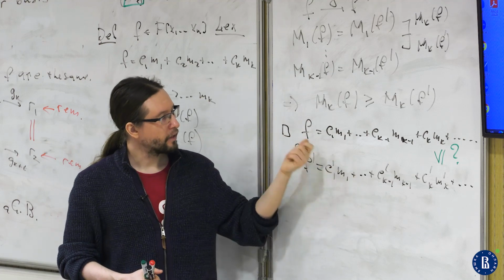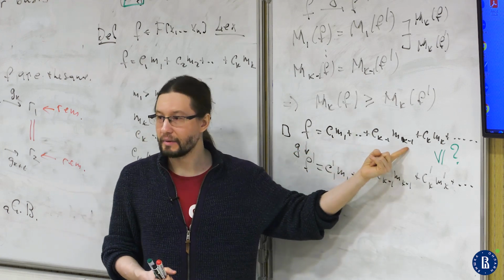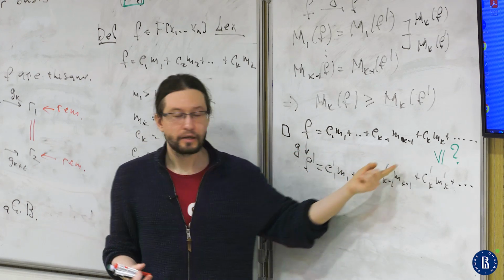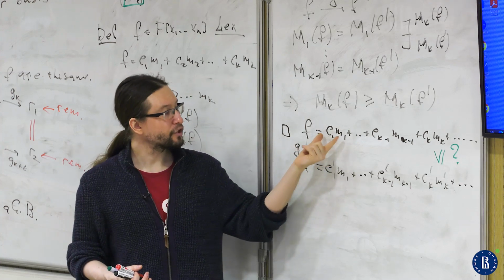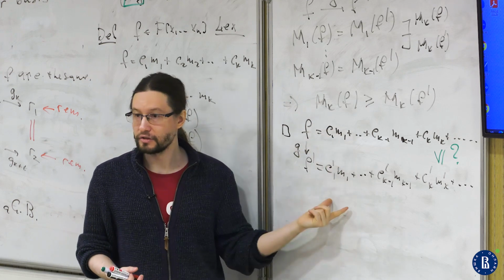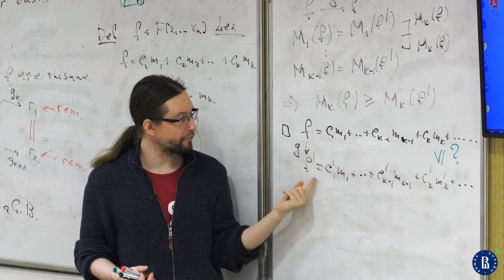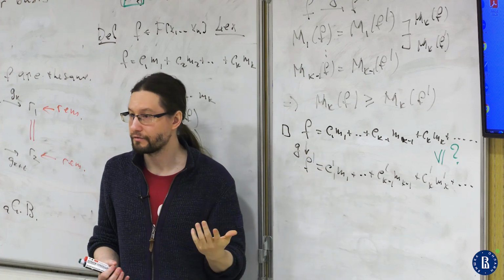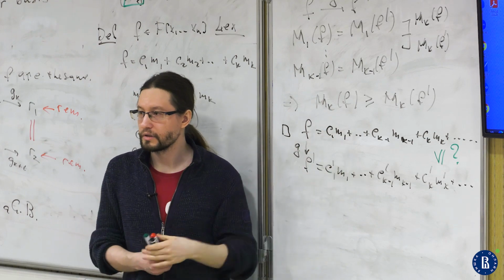Based on this, I claim that we didn't reduce m1 through m(k minus 1). Why? Because if we reduced m1, then after reduction the highest monomial of f would be changed. So it's impossible to have the highest monomial of f prime the same as the highest monomial of f. So we didn't touch m1. Who was able to follow?